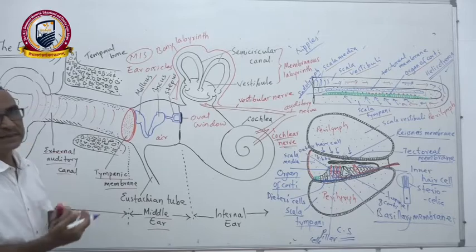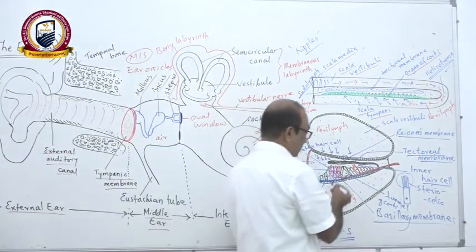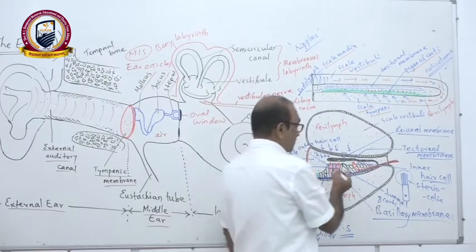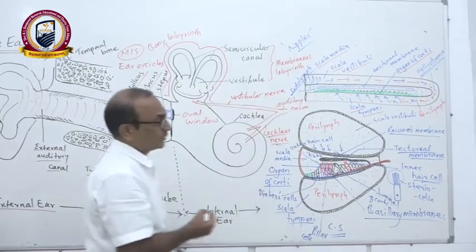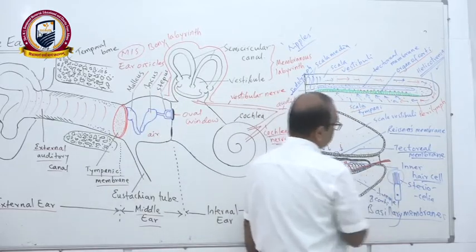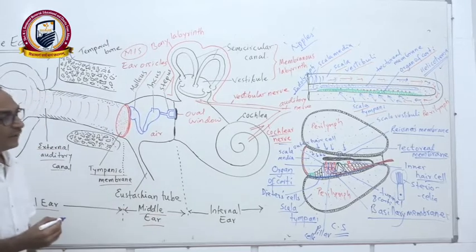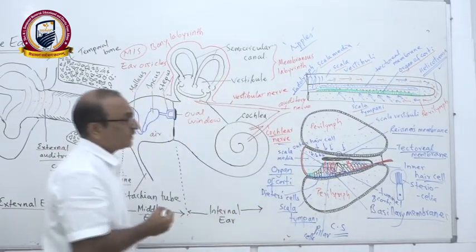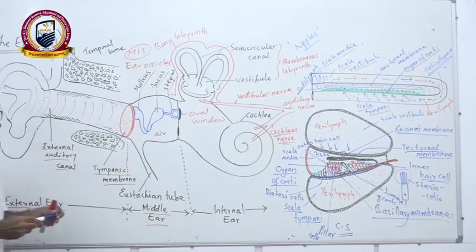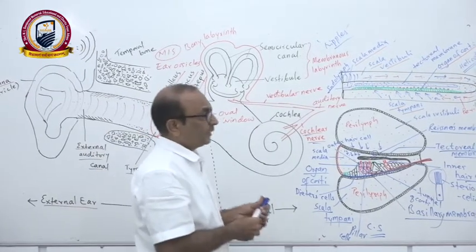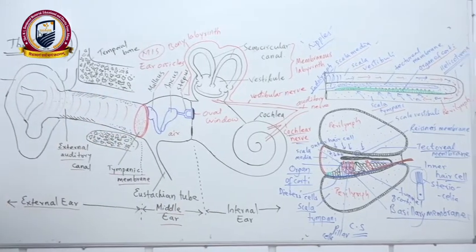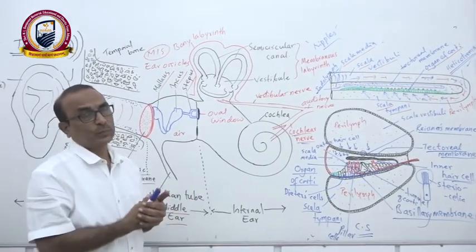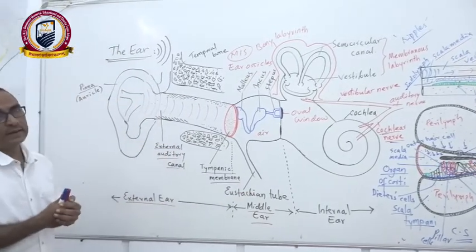That is, electrochemical signals are generated, and these electrochemical signals are then carried by the neurons attached to each of these sensory cells, and all these sensory neurons together make the sensory nerve, the cochlear nerve, and that carries the signals generated in the organ of Corti to the central nervous system, where we have the auditory center, mainly in the temporal region of the brain, where we are able to recognize the kind of sound we are listening to. And that is how hearing is brought about.